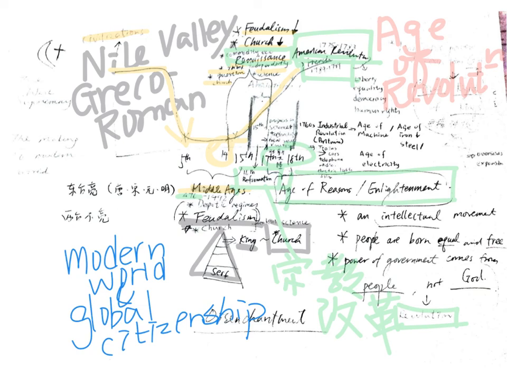Okay, so to summarize our lesson today, I hope you have a general picture of the historical developments of some major events in our syllabus. And remember one thing: change and continuity is a very major historical concept in our subject.